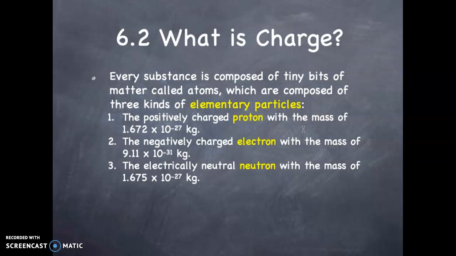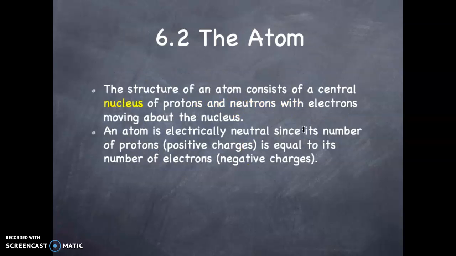The positively charged proton has the mass shown here, 1.672 times 10 to the negative 27 kilograms. The negatively charged electron has a mass of 9.11 times 10 to the negative 31 kilograms. The electrically neutral neutron has a mass of 1.675 times 10 to the negative 27 kilograms.